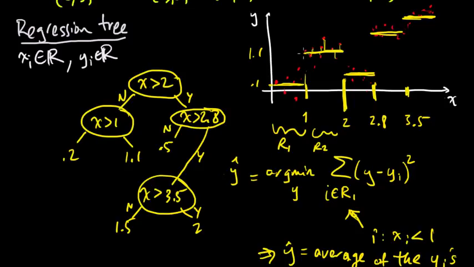So this is like the minimizer for that. Oh, and this one too. So this is a regression tree, very simple, maybe even simpler than the classification tree.